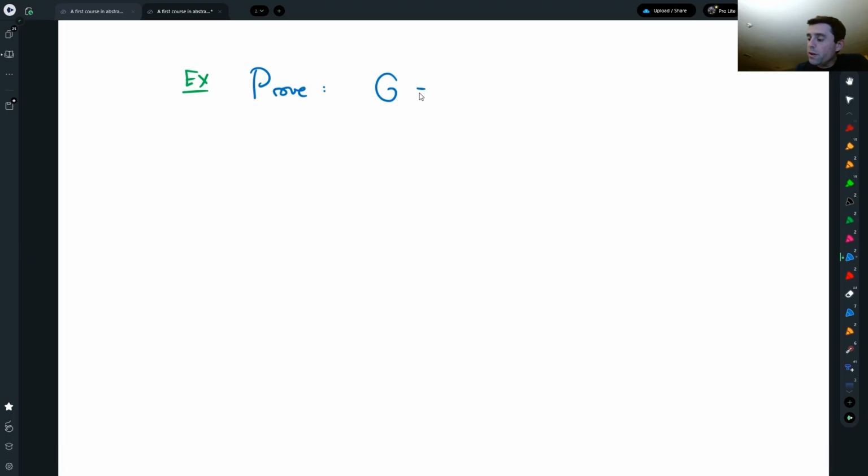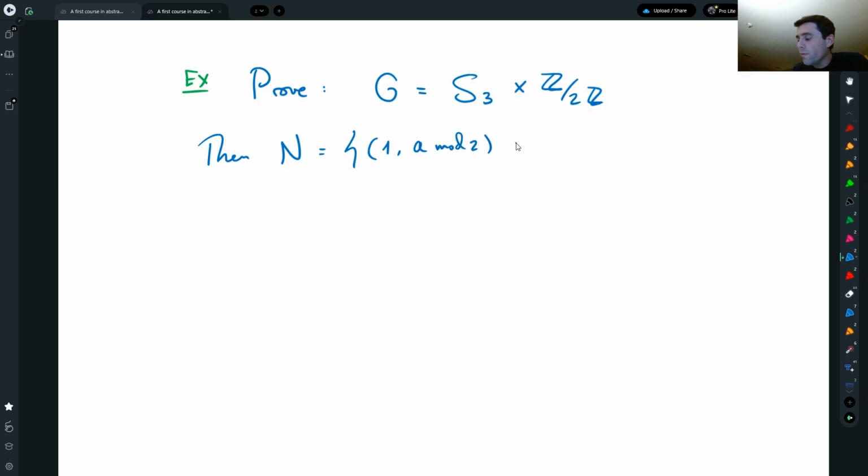So let G be S3 cross Z modulo 2Z. Then the subgroup N that is just the identity in S3 and a modulo 2 for a 0 or 1, this is in fact normal.